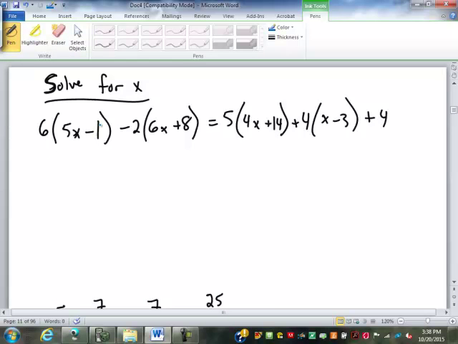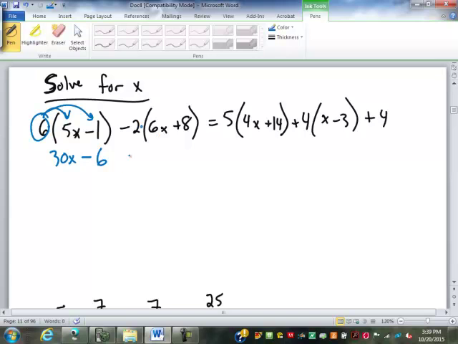Okay, so to start off with this first one, of course, we have the parentheses. There's nothing to do inside them, so we're going to be doing something to them, and each of them is being multiplied. So we've got 6 times the 5x minus 1. Well, 6 times 5x is 30x, and 6 times negative 1, negative 6.